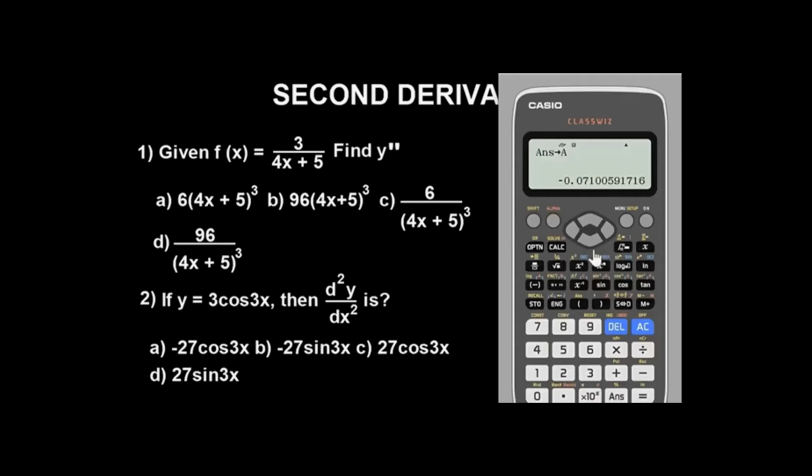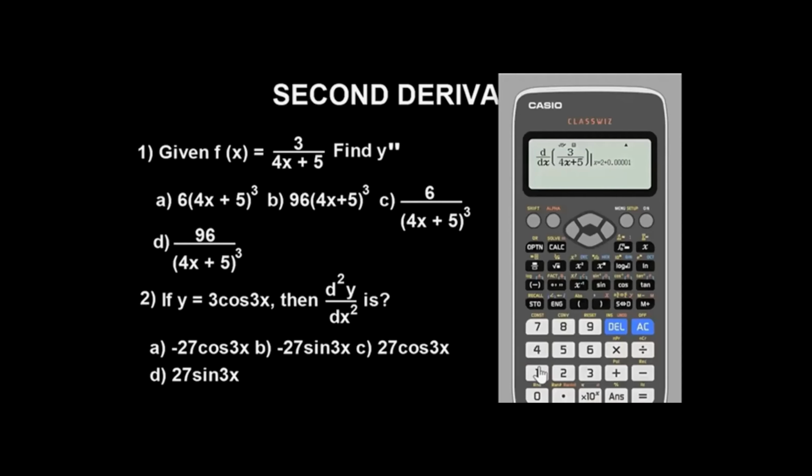No need cancelling this value. All you simply have to do is to press this upper button and it will get back to that d by dx. Okay guys, so once you do it, you come here and add a constant here. The constant is 0.00001. So how many zeros do we have? We have 5 zeros. 0.00001.